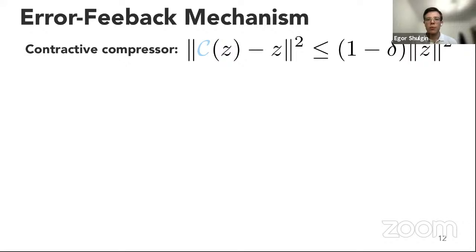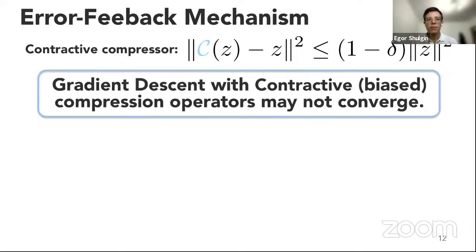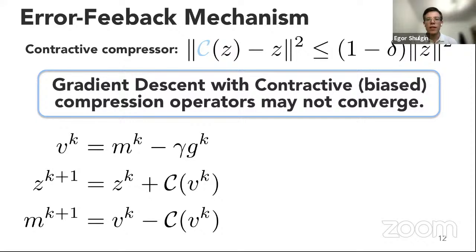And what I described on the previous slide, this idea suggests using compressed gradient descent as soon as we have some compressor. And as I said, it may not actually converge. And this is a problem which is usually fixed by this error feedback mechanism, which is presented on the slide.